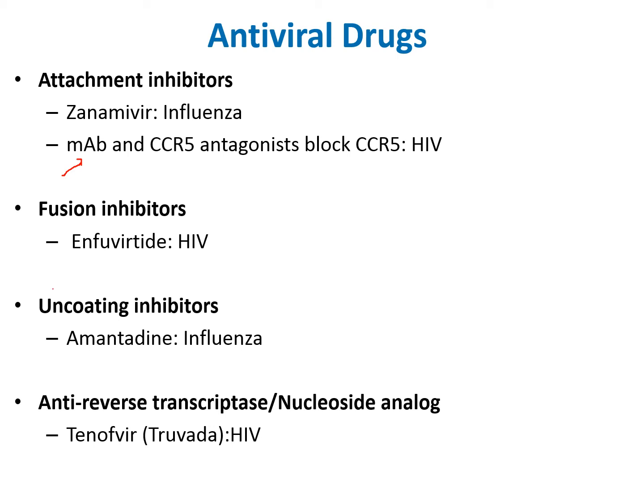You also have fusion inhibitors that bind the spike protein of the HIV virus, preventing it from undergoing structural changes that bring the viral envelope close enough to the host cell membrane to allow fusion. There are the anti-reverse transcriptase nucleoside analog style drugs like tenofovir that basically gum up the ability of reverse transcriptase to make a DNA copy of the viral RNA genome.